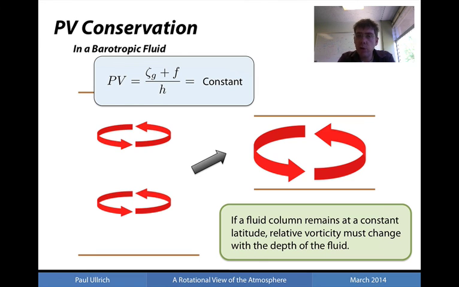So if the height of the fluid column decreases, there must be a corresponding decrease in zeta_g in order to ensure that the whole ratio is kept constant. Note that if we're at a constant latitude, the planetary vorticity term, f, will not actually change following the fluid column. And so the change must purely be due to the relative vorticity term.